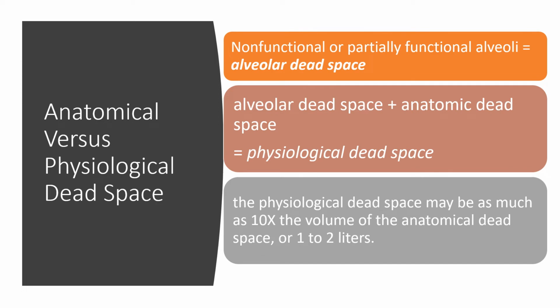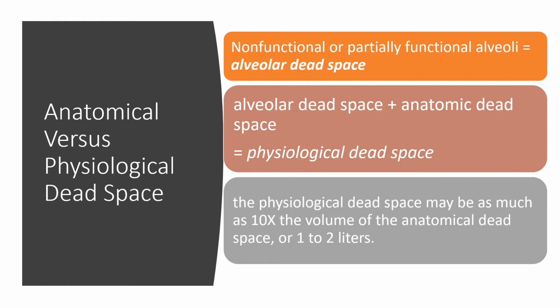Alveoli may be non-functional or only partially functional because of absent or poor blood flow through the adjacent pulmonary capillaries. From a functional point of view, these alveoli must also be considered dead space. When the alveolar dead space is included in the total measurement of dead space, this is called the physiological dead space.